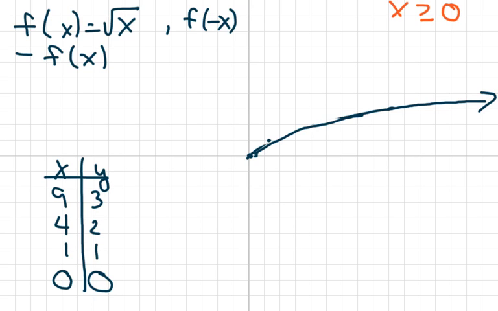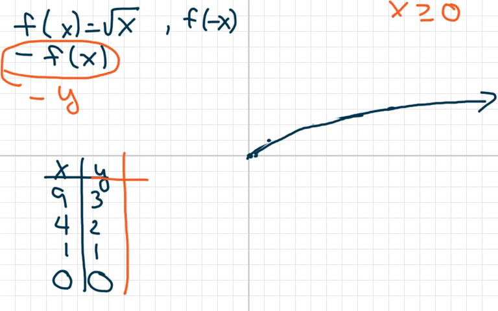This one is about the x-axis because we're changing our y. If this is our y here, basically this is saying negative y. So since we have 3 here, that's going to be negative 3. 2 here, that's going to be negative 2. So this is your negative y. 1 here, that is negative 1, and then 0.